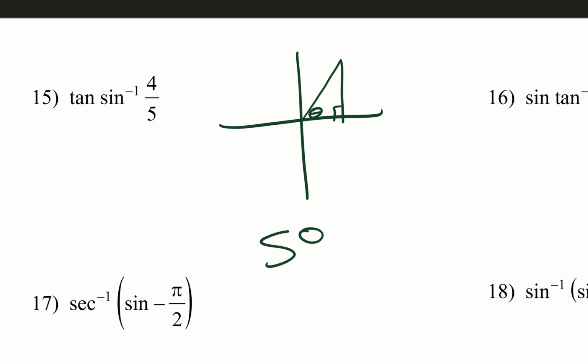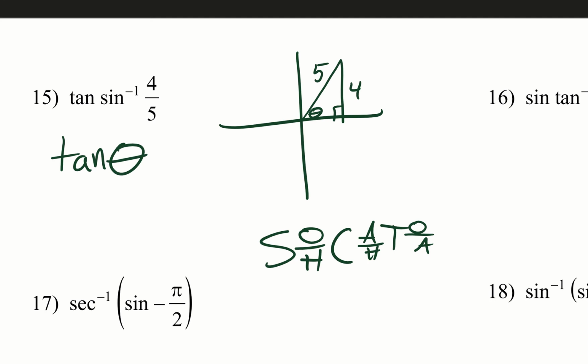Sine, and we're looking at our basic trigonometry here, so SOHCAHTOA. Sine of theta is opposite divided by hypotenuse. And our output of that is going to be an angle. It's this angle theta. So tangent of theta then, well, tangent's opposite divided by adjacent, and then use the Pythagorean theorem to find the adjacent.